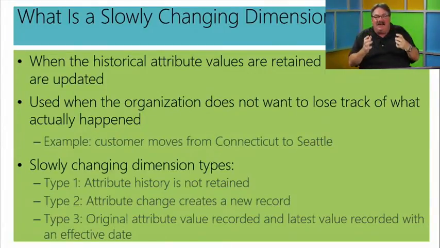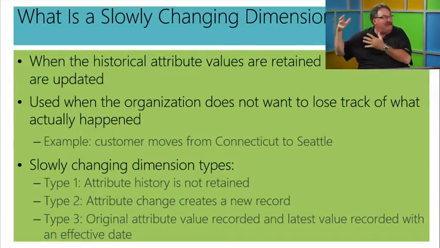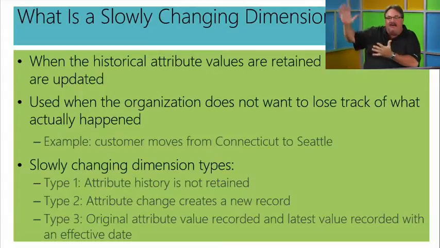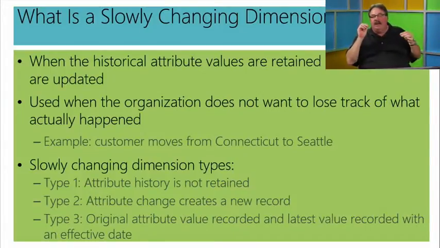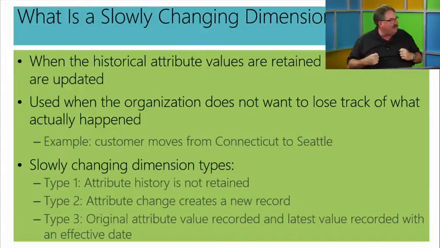I'm in Seattle, so everything I did in Connecticut needs to look as if it happened in Seattle so that it projects what my behavior might be in the future. A type 2 dimension, the attribute change creates a new record. So now I've got both records in the data warehouse.